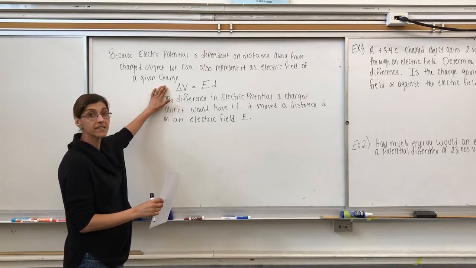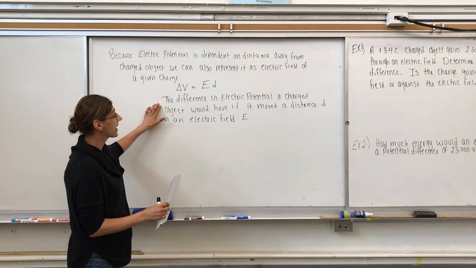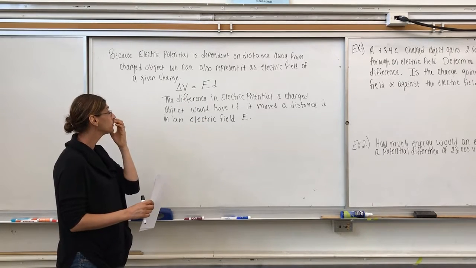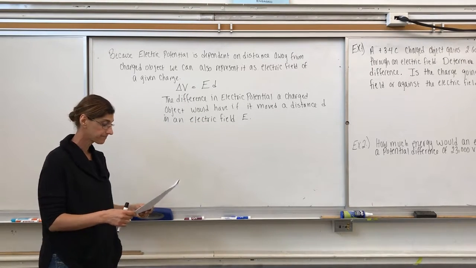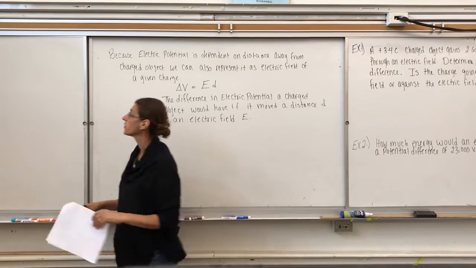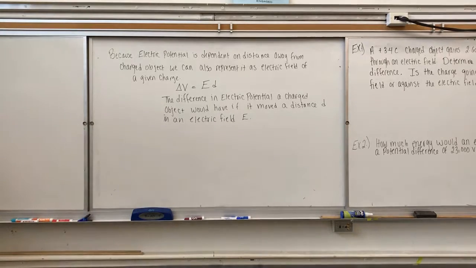Here, the difference in potential energy depends on the electric field and the distance you have moved it in that electric field. Okay? Now let's talk about electric potential difference or voltage difference, and then we'll practice.